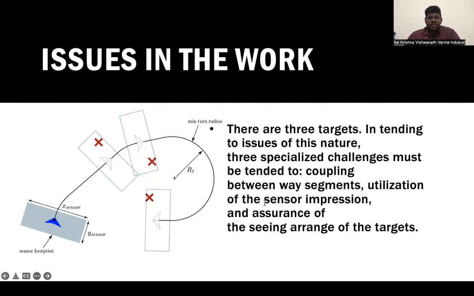So this problem is outlined in figure 1 here, where there are three targets. In approaching problems of this nature, three technical challenges must be addressed: coupling between path segments, utilization of sensor footprint, and determination of the viewing range of the targets.